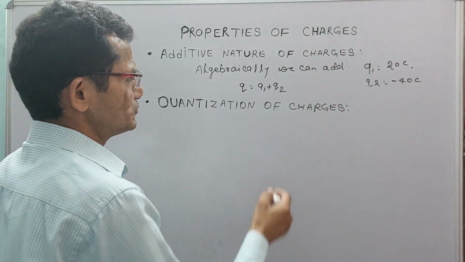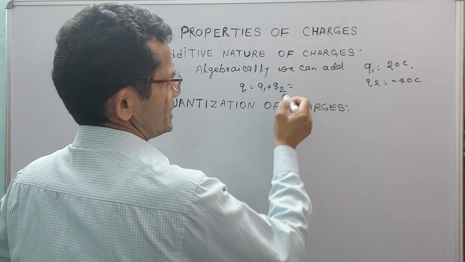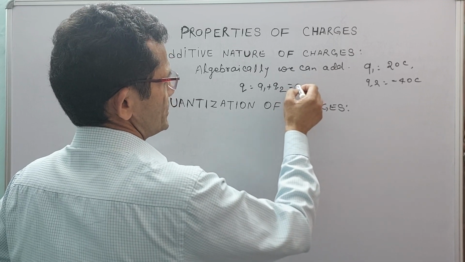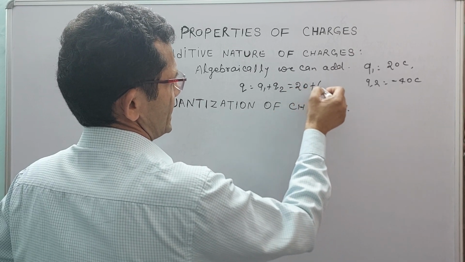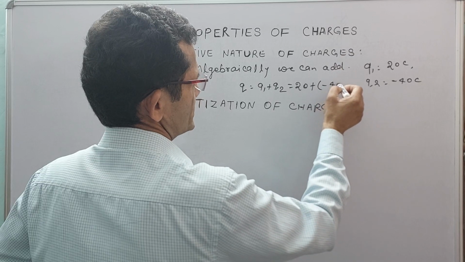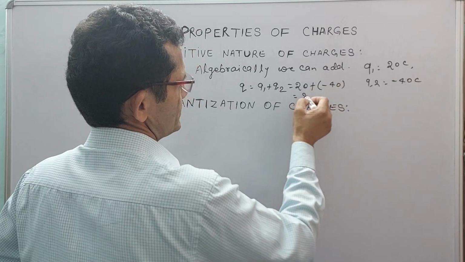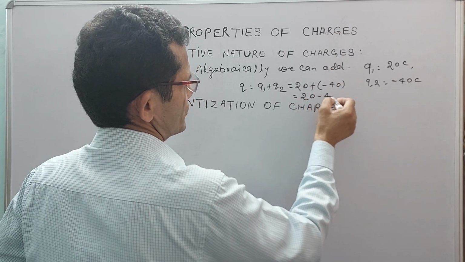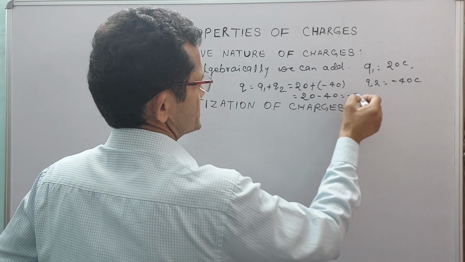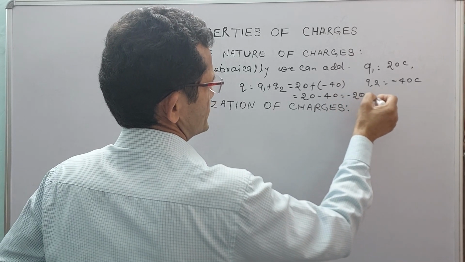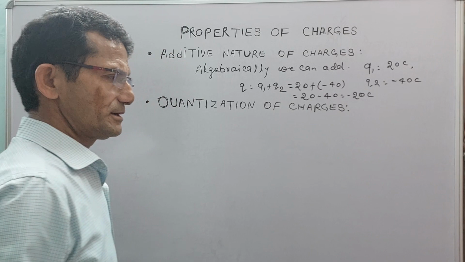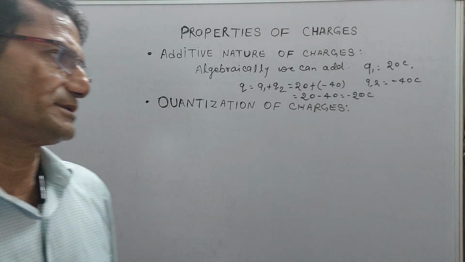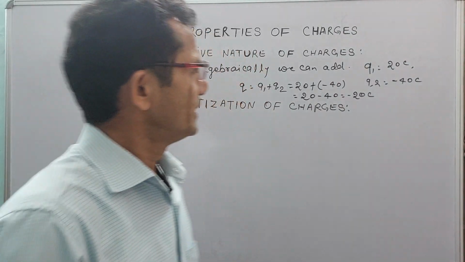So 20 plus, algebraically, minus 40 becomes minus 20 coulomb.